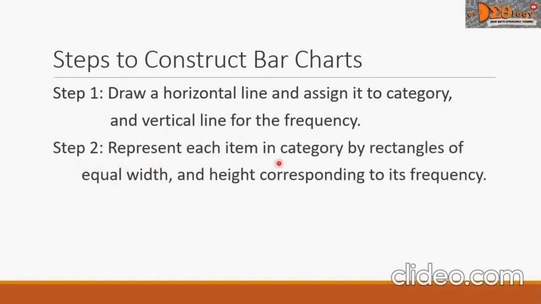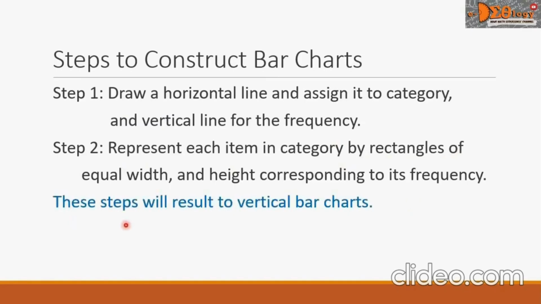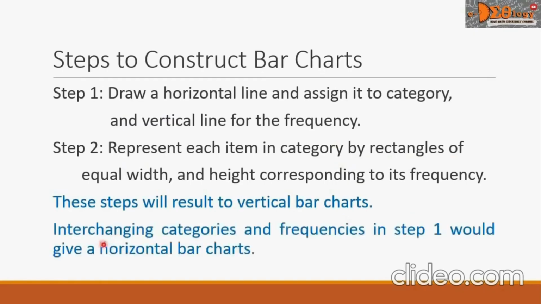Represent each item in category by rectangles of equal width and height corresponding to its frequency. These steps will result in vertical bar charts. Interchanging categories and frequencies in step 1 would give a horizontal bar chart.